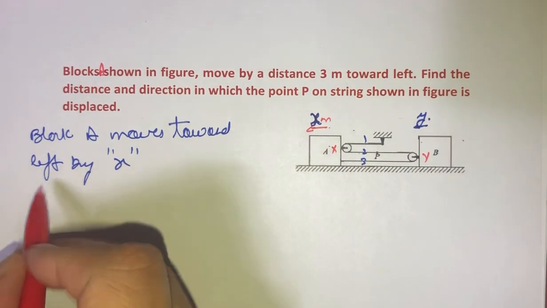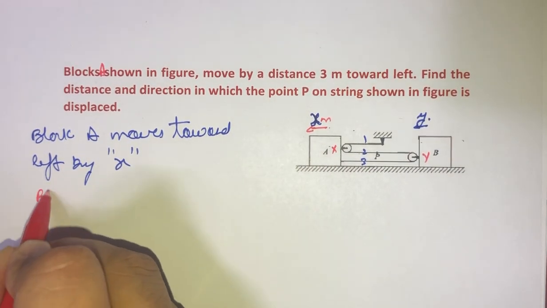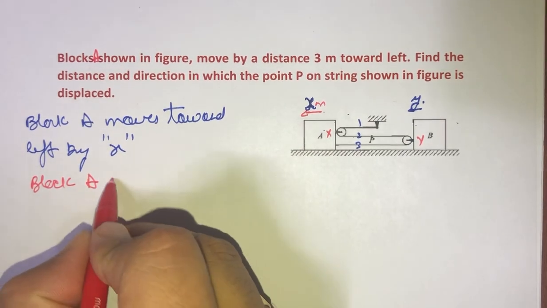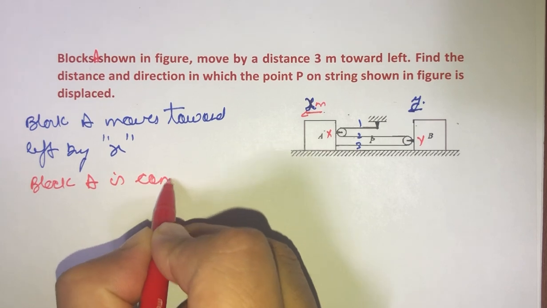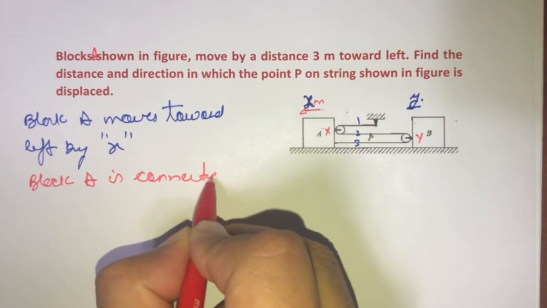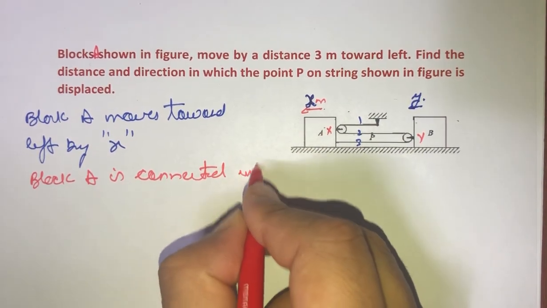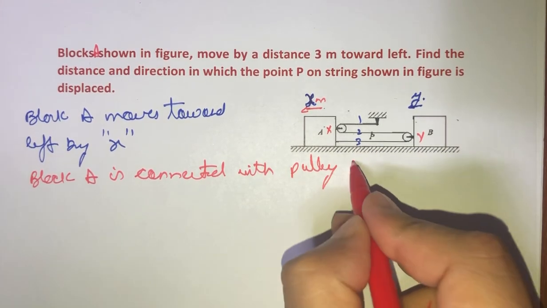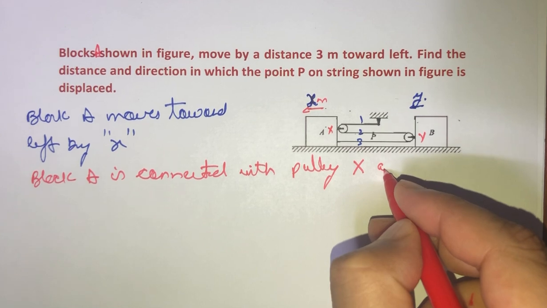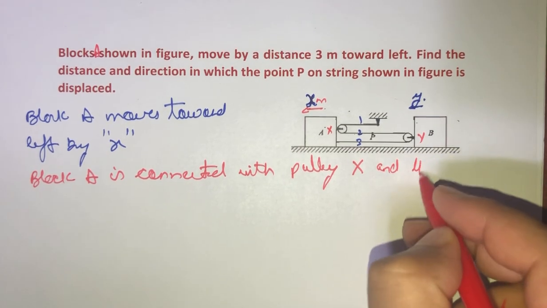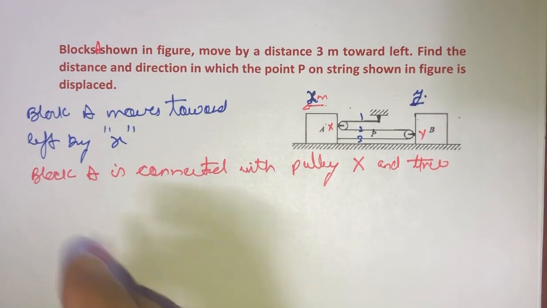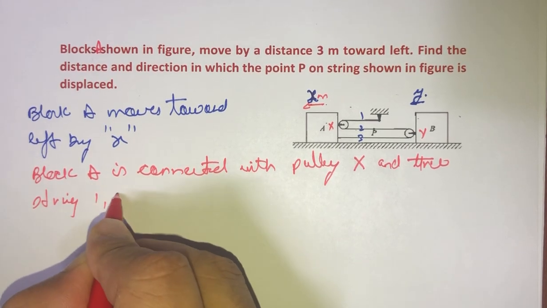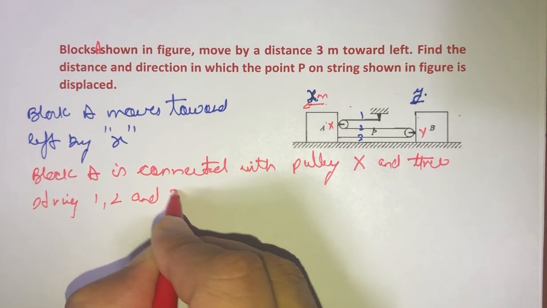So we can say that block A is connected with pulley x and 3 strings: 1, 2 and 3.